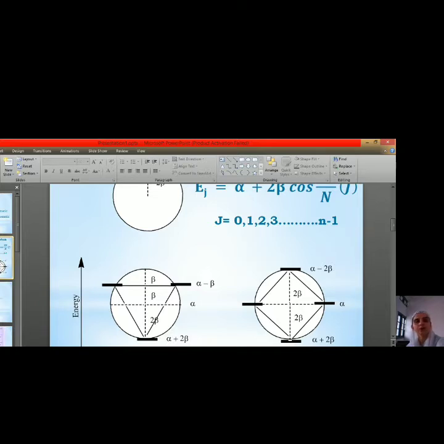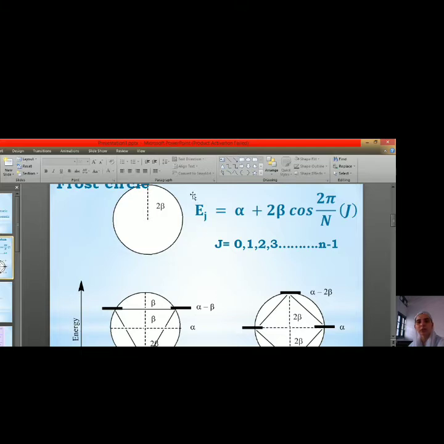In order to find the energy of these MOs, we use this equation: Ej is equal to alpha, that is the Coulomb integral, plus 2 beta, where beta is the resonance integral, cos 2 pi j upon n, where n is the number of carbon atoms in the ring. j is the orbital counting number moving upward from the lowest orbital.